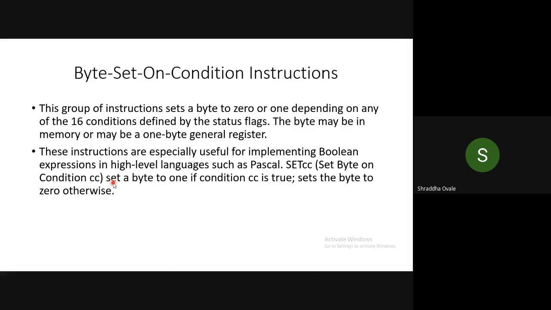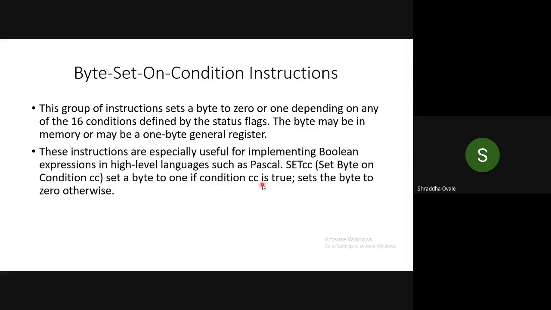Now SETcc is the instruction that sets a byte on condition cc. It will set a byte to 1 if the condition cc is true. Whatever your given condition is, if it is true it will set to 1, and if your condition is false, then SETcc will be assigned 0.